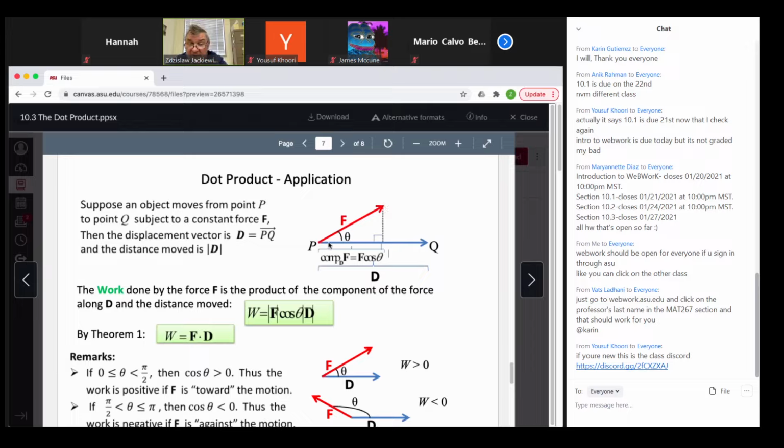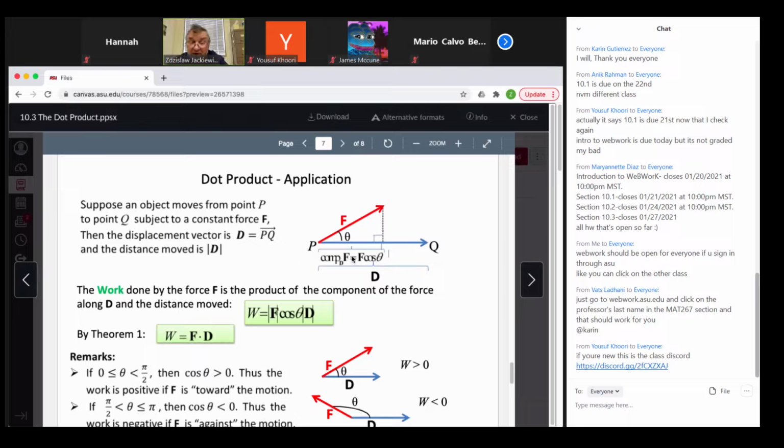You know from calculus 1 or from mechanics that the work is the product of the force which is doing the work, and the force which is doing the work is the component of the vector F along this displacement D. This is of course equal to F times cosine theta. That's the scalar component.